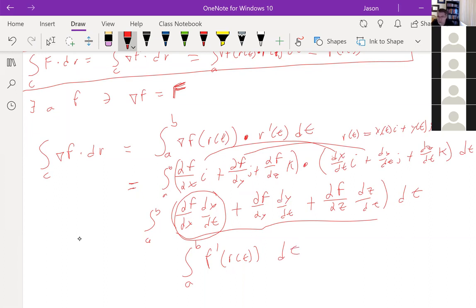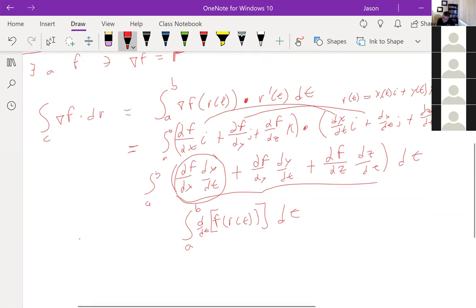If we were to take the chain rule of this thing, this actually is not f prime of r of t, this is the derivative of f of r of t. Let me do it like this: it's d dt of the whole thing. Take the derivative of the whole thing, and that will give you the chain rule. I don't want just the derivative of the outside. I want the derivative of the outside and the derivative of the inside.